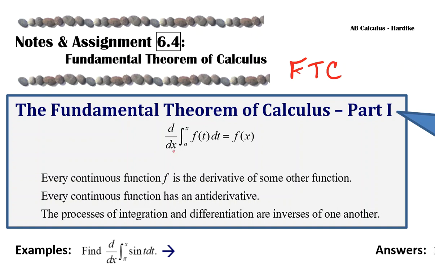So notice here that we're learning that the derivative of an integral is somewhat of an undo process. Some things that we'll notice here is that we have the derivative with respect to x of an integral from a constant a to the upper limit of x.